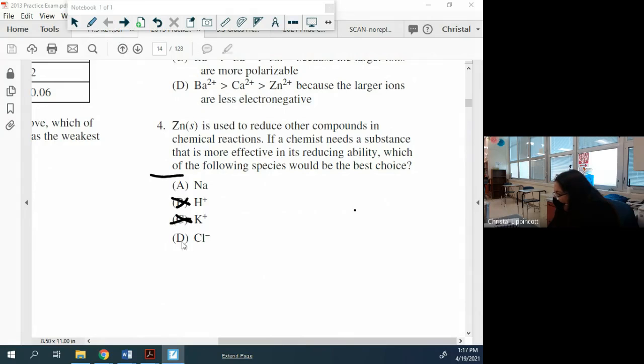This guy has already gained an electron, so he's already stable. That leaves us with sodium. And if you think about sodium losing one electron, that's pretty easy for it to do, because then it's going to have the configuration of a noble gas. So sodium is the correct answer for that one.